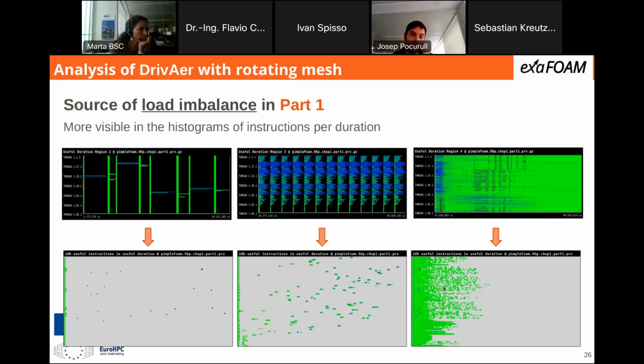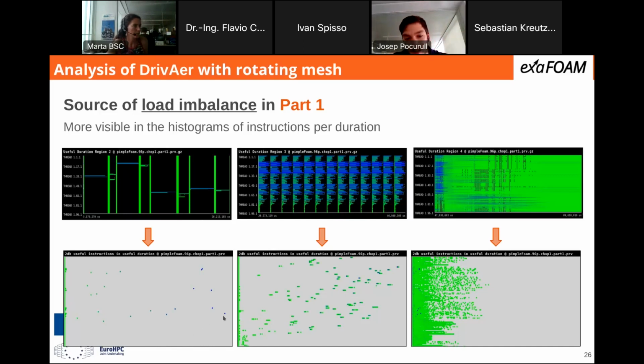So for these three regions, we started to try to correlate the load imbalance with instruction imbalance. What we did here, for every region, was get one histogram where in the horizontal axis we can see the execution burst durations, and in the vertical axis we can see the ranks.